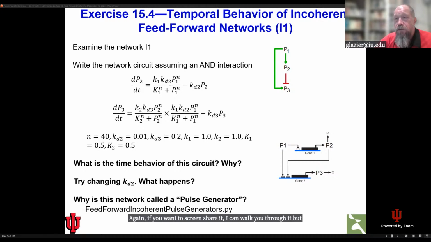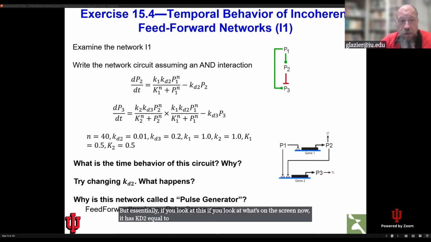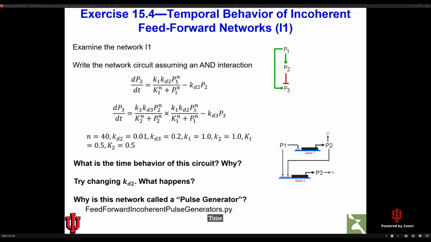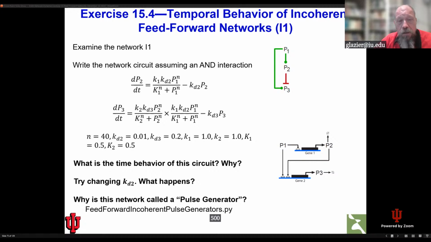But essentially, if you look at what's on the screen now, it has KD2 equal to 0.01. That means the typical time scale for things to happen is 100 time units. So simulating for 500 time units is probably about right. But if you've got the simulation working right, you'll know how long you have to simulate it for. It's very clear.